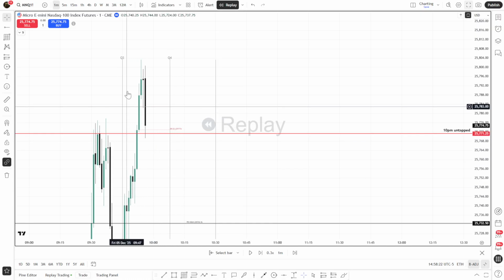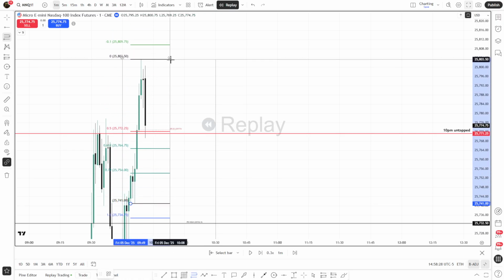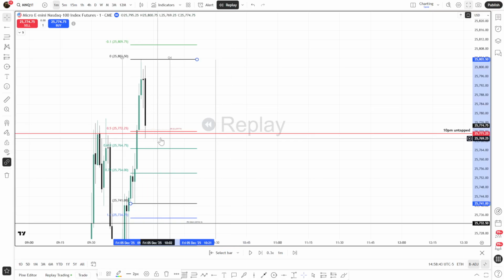And if we want to look at ranges, we can take this low to this high, and this is also 0.5 fib of the range, separating premium and discount. Okay, so a few factors right here.